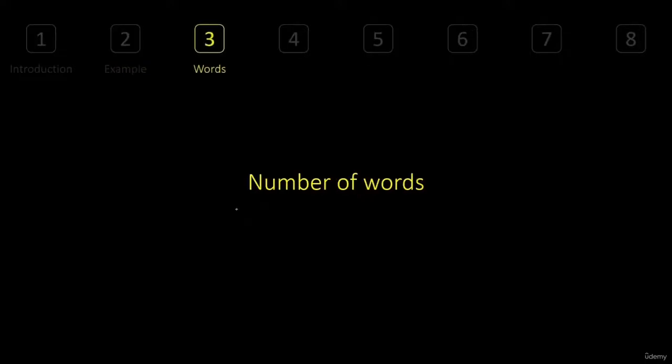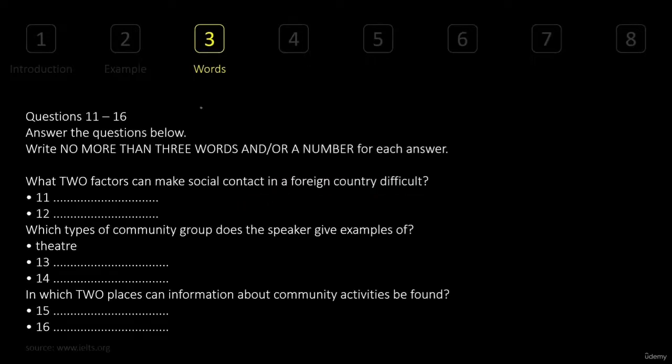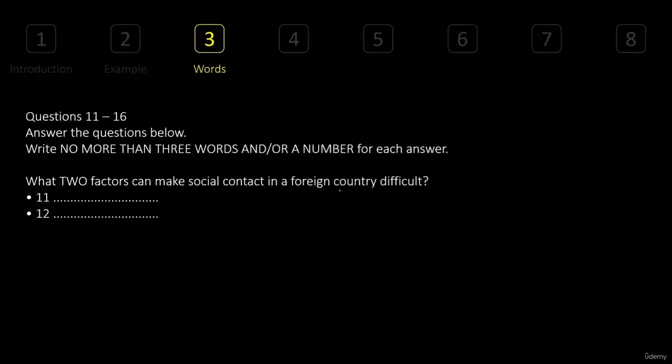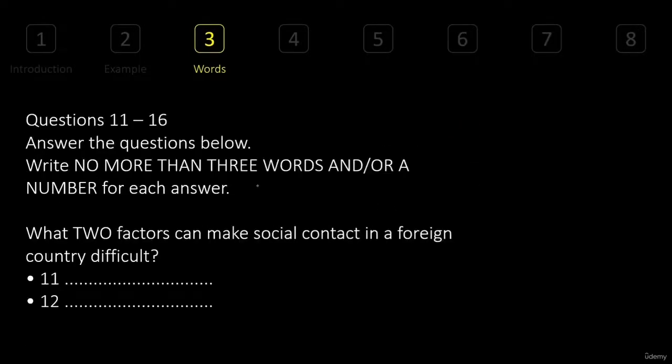The first one is number of words, or let's say instructions. So this is our question, right? In here, these are questions. This above is instructions. So we'll get rid of the questions and let's just zoom in here. You see how many words do we have here? 3 words and or a number. In a previous video, I have explained what the meaning of and or a number is.